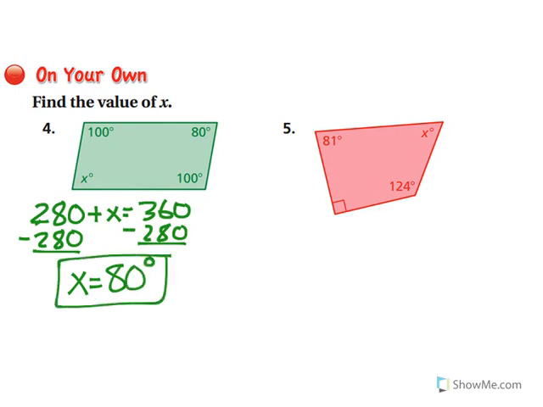All right, and then for our next one, we're going to have 81 plus 90 plus 124 plus x equals 360.